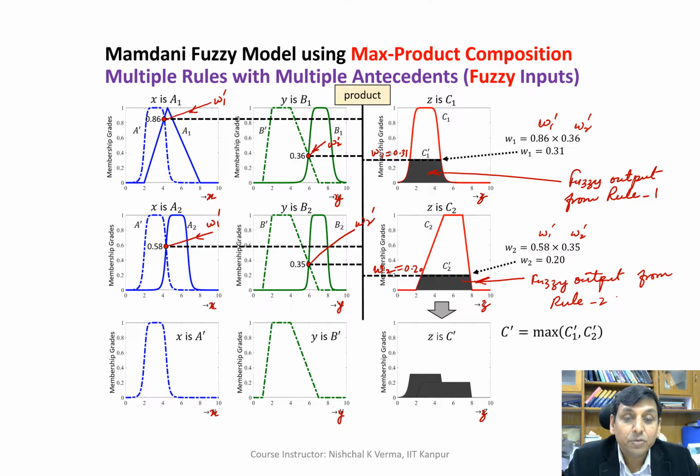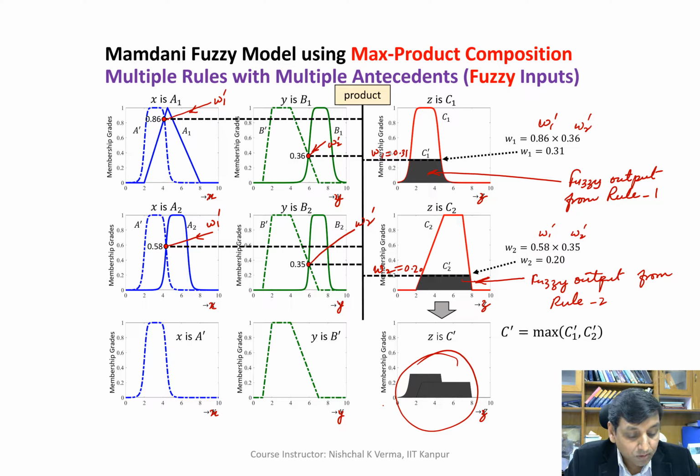So every rule is going to give us some output, but these rules should be applicable. When we take the max, we take the union of this, the maximum union. We aggregate, and when we do this we get this structure. This is a fuzzy set, a fuzzy value.